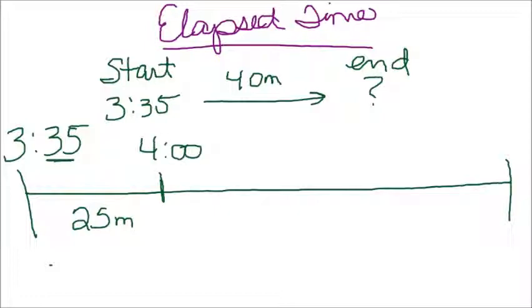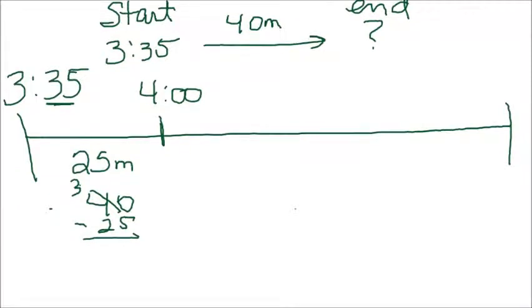So then all I have to do is figure out, well, how many minutes are left after 40 minutes. So I can even subtract 40 minus 25. And I borrow, that leaves 3. It makes 10. 10 minus 5 is 5. 3 minus 2 is 1. So I have just 15 minutes left I need to fill.